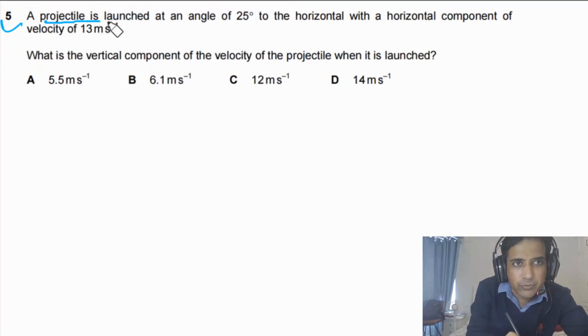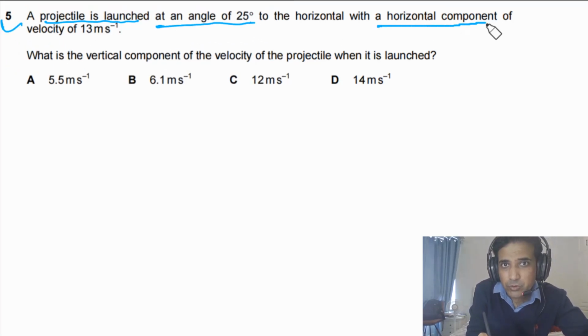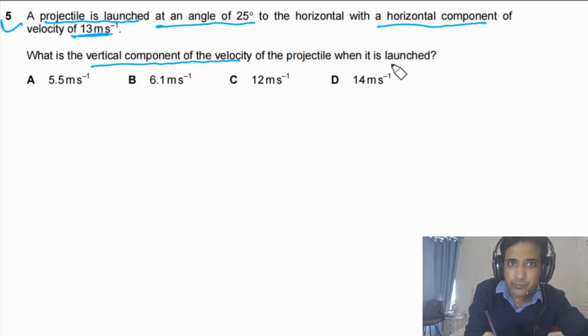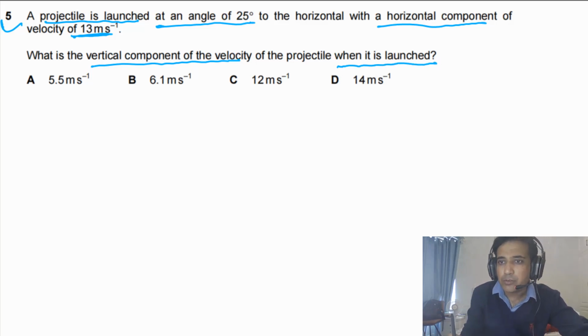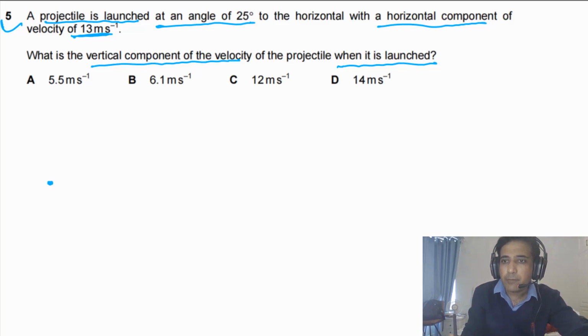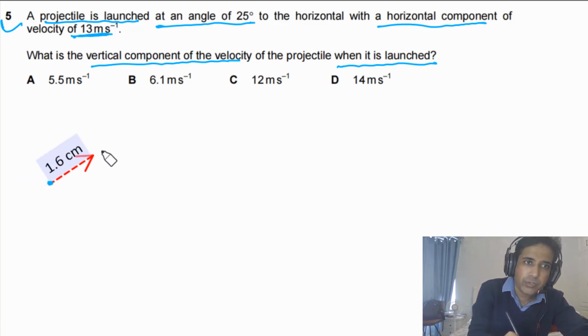Question 5 says a projectile is launched at an angle of 25 degrees to the horizontal with a horizontal component of velocity of 13 meters per second. What is the vertical component of the velocity of the projectile when it is launched? So for this purpose, simply we can imagine this is our launch point. And from this point we can draw this arrow.